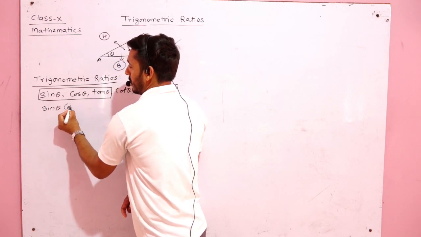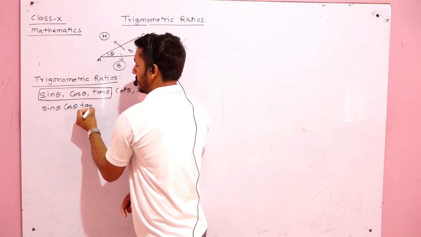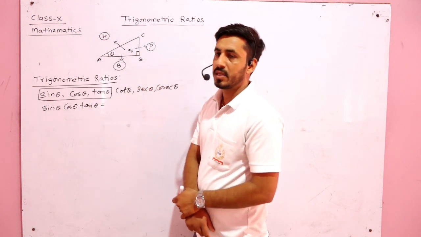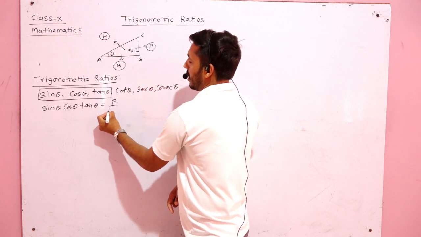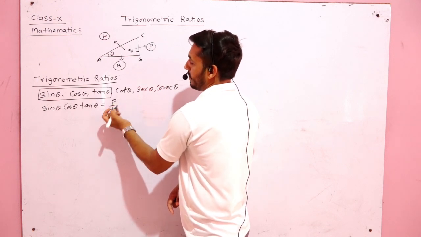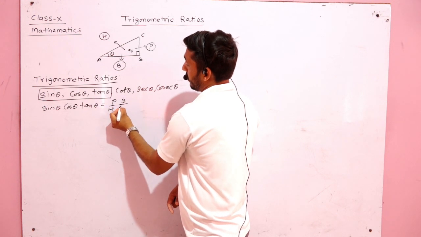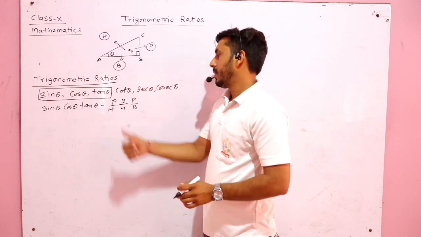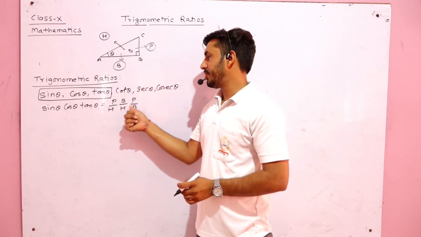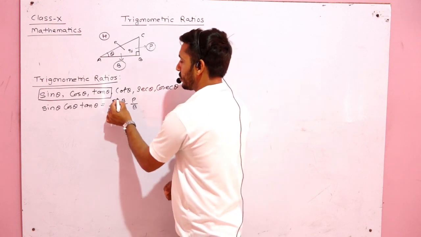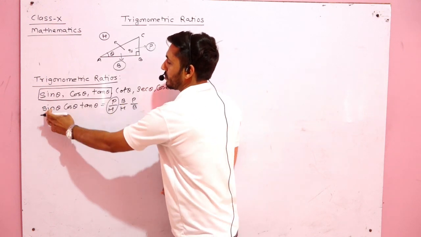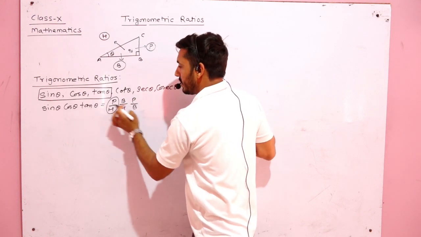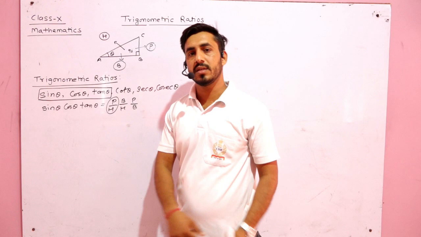We can write sin theta, cos theta and tan theta in terms of, first one is perpendicular P upon H, second one is base upon H, and third one is perpendicular upon base, P upon H, B upon H, P upon B. The first one will represent sin theta, second one cos theta, and third one tan theta.